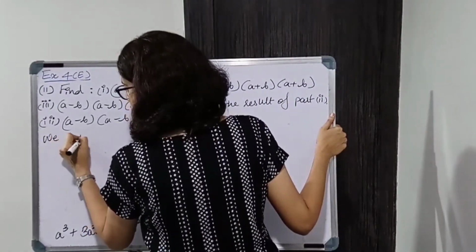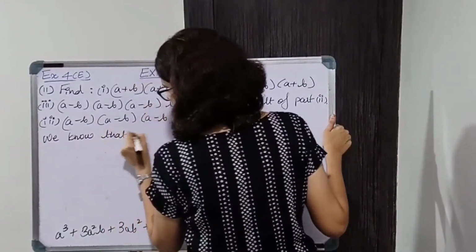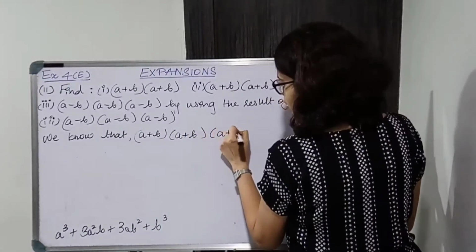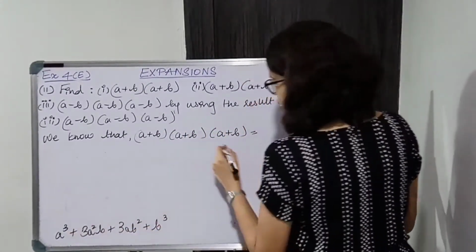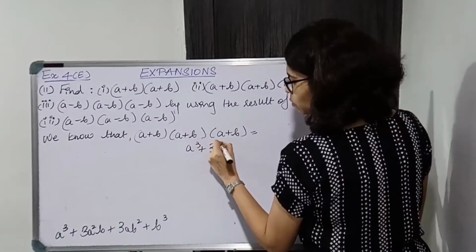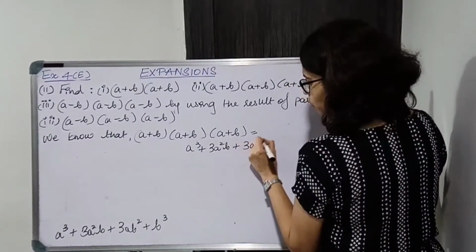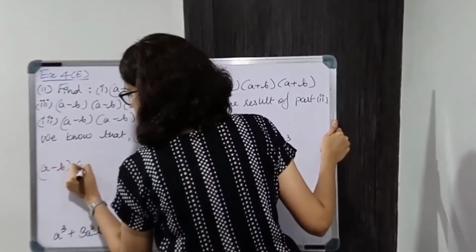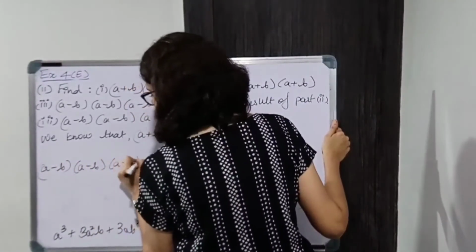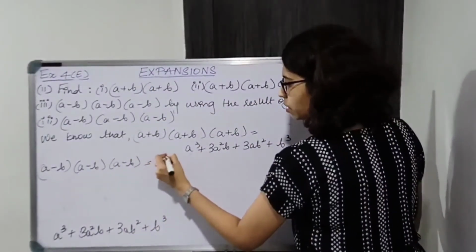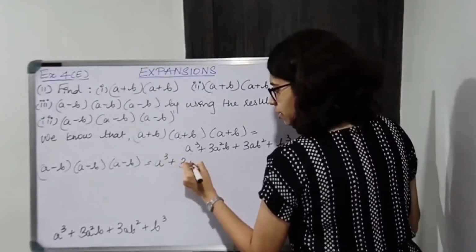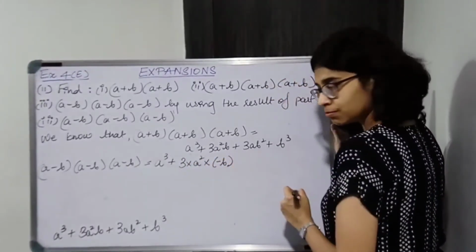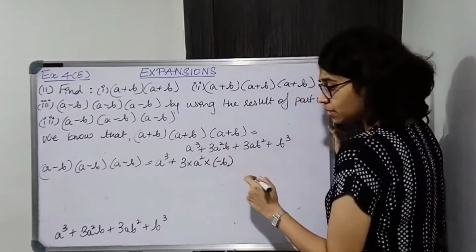So we know that A plus B into A plus B into A plus B is equal to, write this down, A cube plus 3A square B plus 3AB square plus B cube. So A minus B into A minus B into A minus B will be A cube plus 3 into A square into minus B. Wherever there is B, put a minus sign.